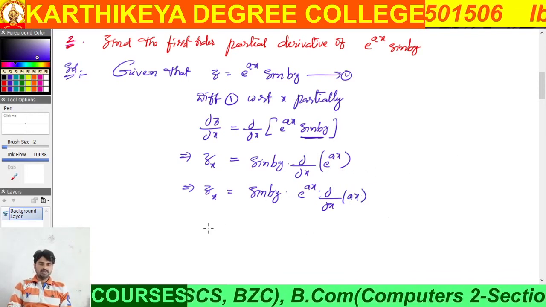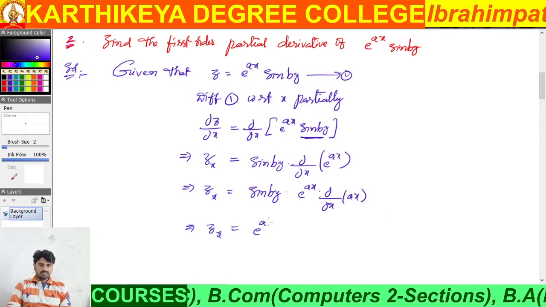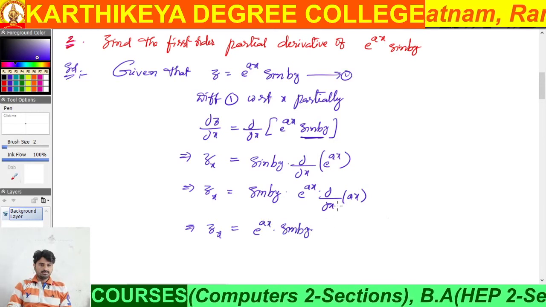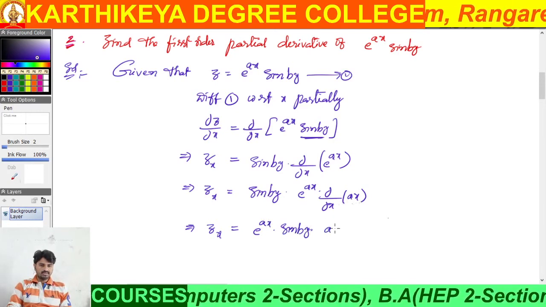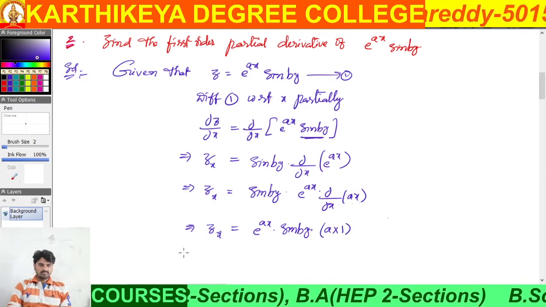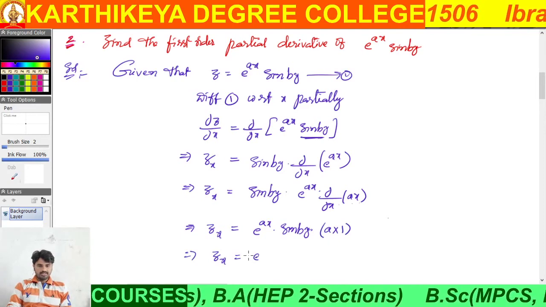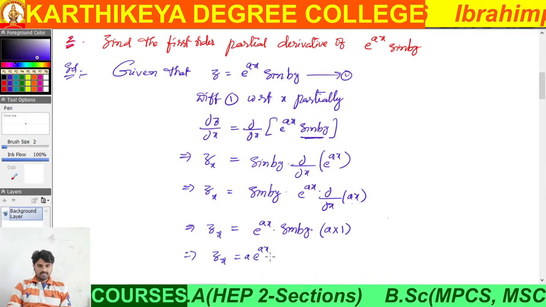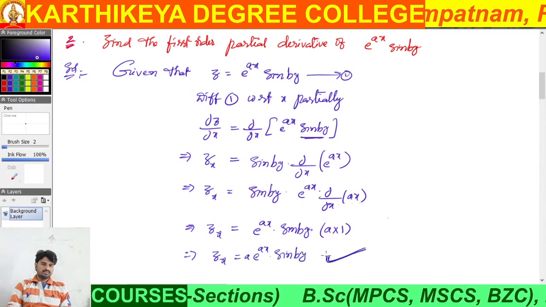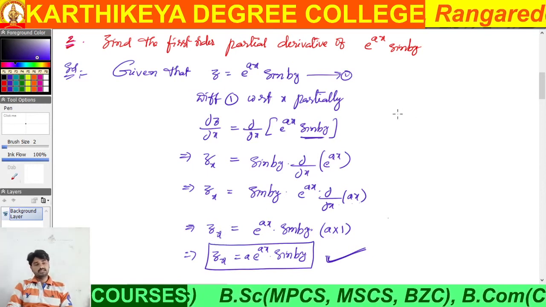So z_x equals e to the power of ax into sin by into the derivative of ax: a is the constant and x is the variable, and the derivative of x is 1. So finally z_x equals a e to the power of ax sin by. This is the derivative of z with respect to x.